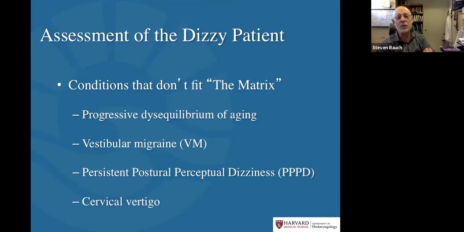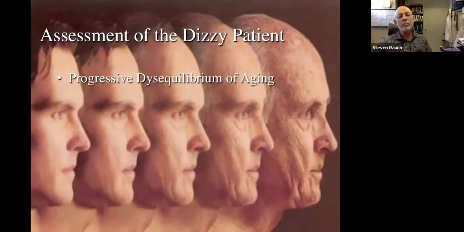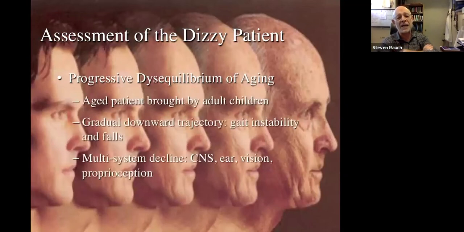The third is persistent postural perceptual dizziness, 3PD, which used to be called chronic subjective dizziness, and cervical dizziness or cervical vertigo. So I'm going to walk through each of these to remind you of the clinical presentation and how we think about them. So this one, PDA, progressive disequilibrium of aging, is this story that I expect you know well.